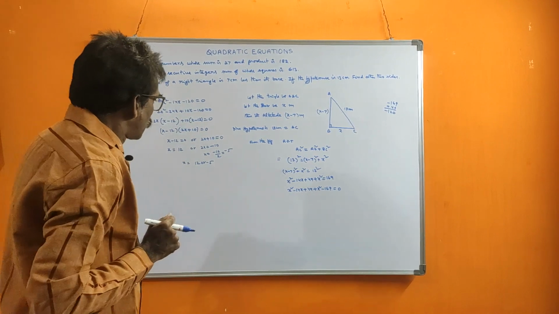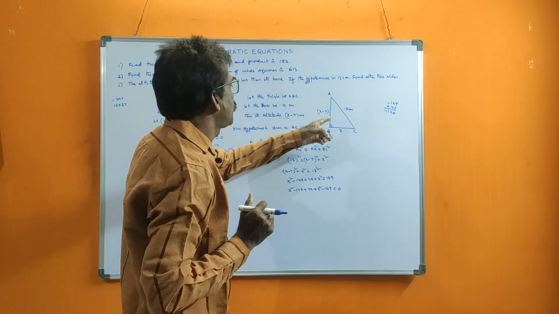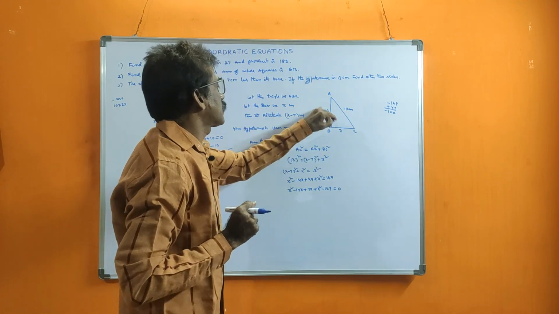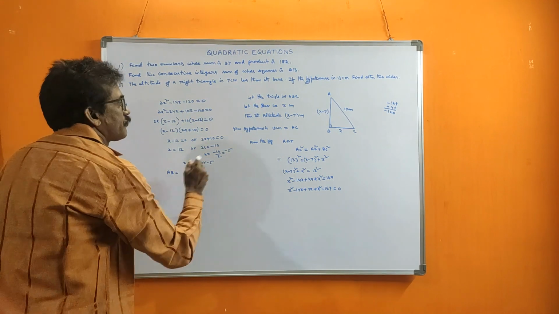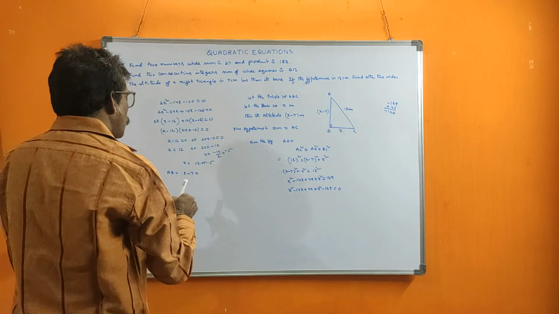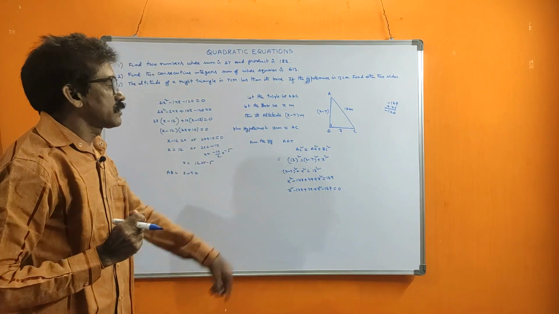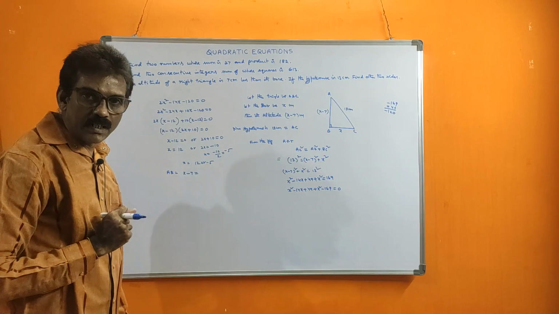What did he ask? The other sides. The hypotenuse is already 13. So AB is x minus 7. Because these are lengths, we should not take the negative value.